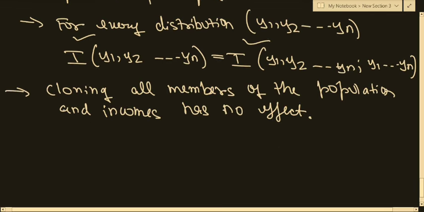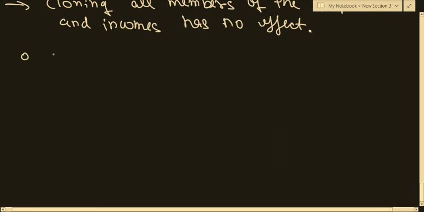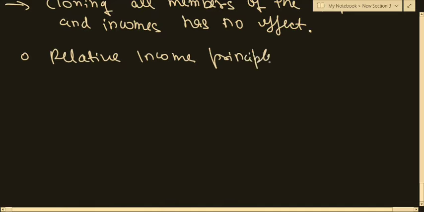Okay. Now for the relative income principle. In this we are scaling up everybody's income in the income distribution by a certain percentage, but the percentage should be the same.